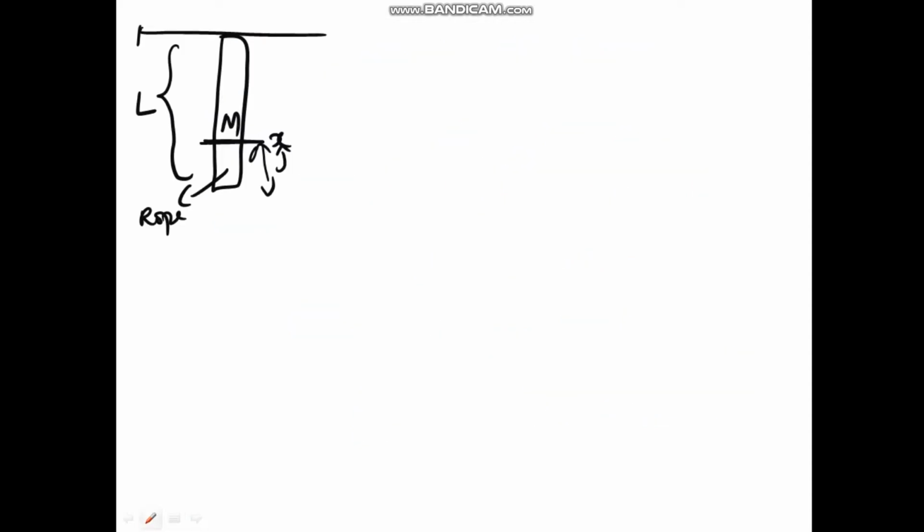Now let us work out this case. From the wall there is a rope of mass m. Previously we assumed a massless rope, but here we are assuming the mass of the rope is m and this distance is x. Let us find the tension of the rope at x. For length L the mass is m.